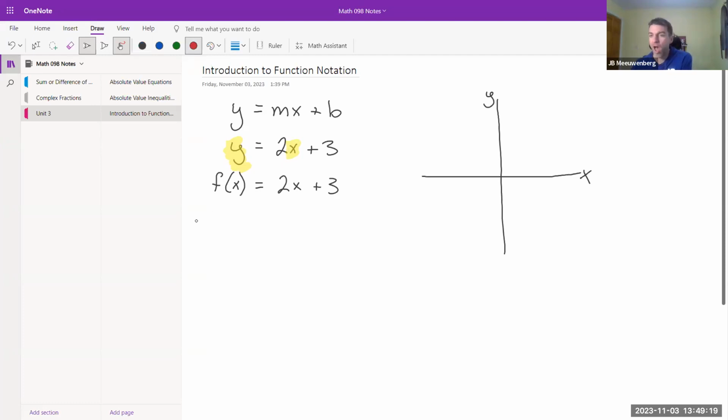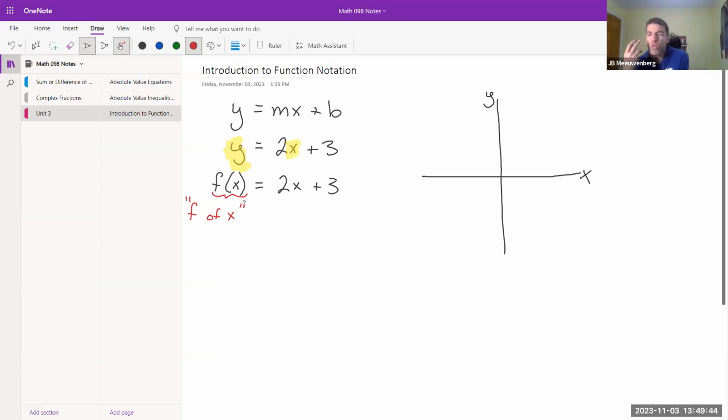This does not mean f times x. It kind of looks like you've got a variable f and a variable x, and they're being multiplied. That is absolutely not what that means. We say this "f of x." That's the language we use when we see this notation.